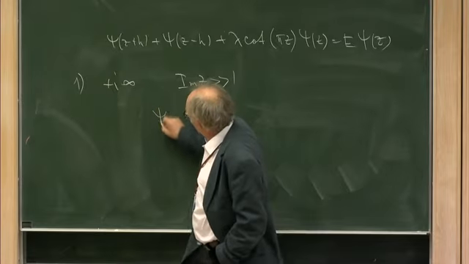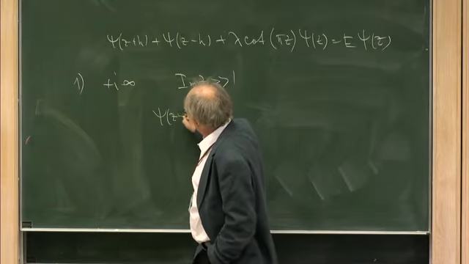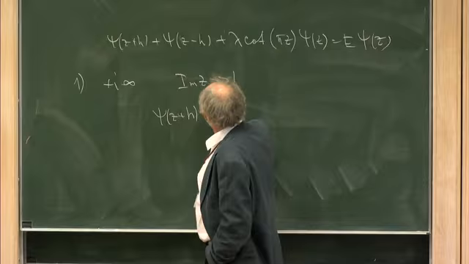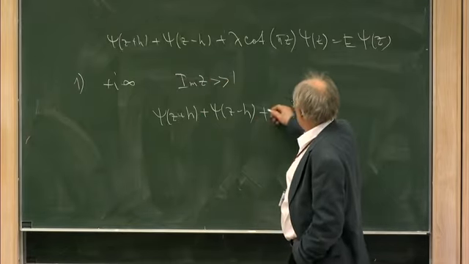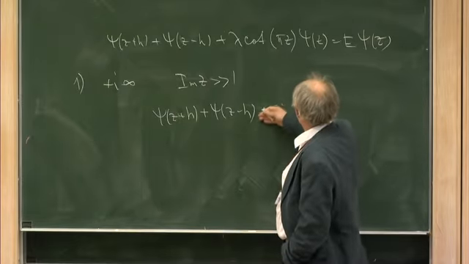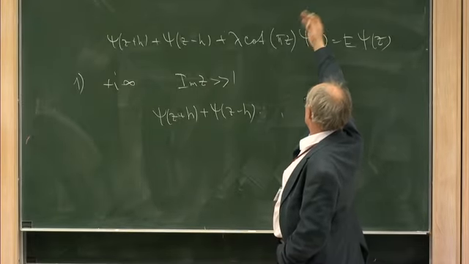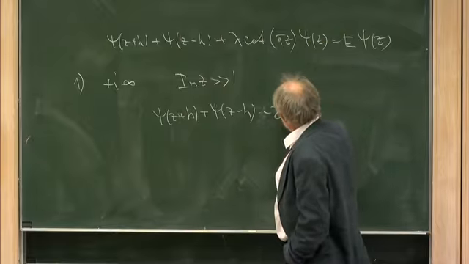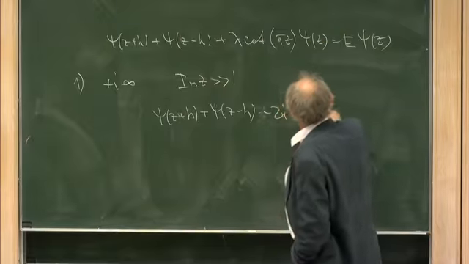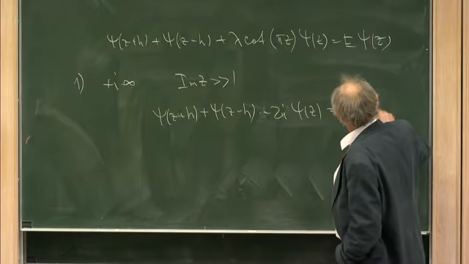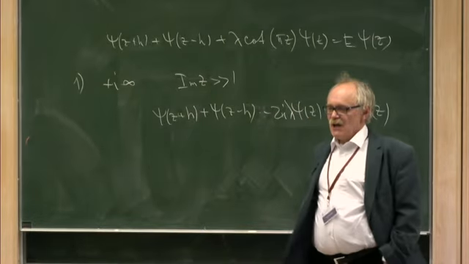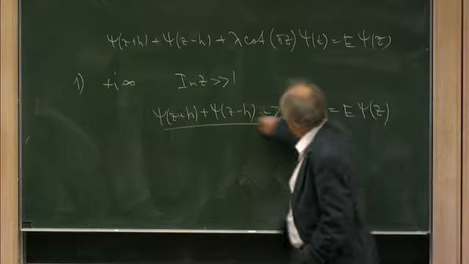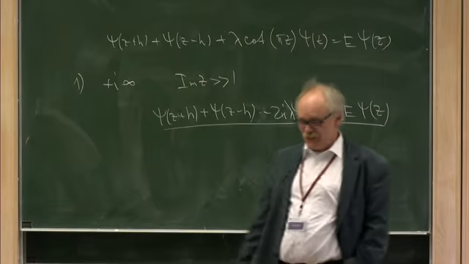So you get roughly the following equation: psi of z plus h plus psi of z minus h plus, let me check, if we go up, we get minus 2i psi of z equal to e psi of z. Lambda, okay. This is a second order difference equation with constant coefficients.